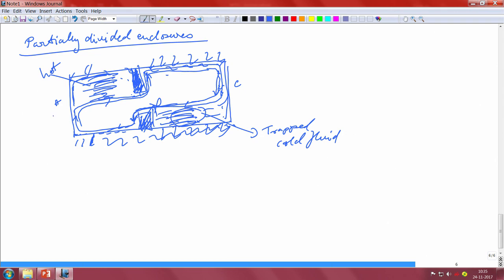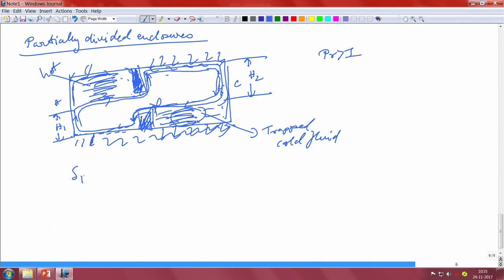If you term this height as h1 and this height as h2, these are the two heights from the geometry of the internal partition. Now, for Prandtl number greater than 1, we can do a purely heuristic analysis over here.